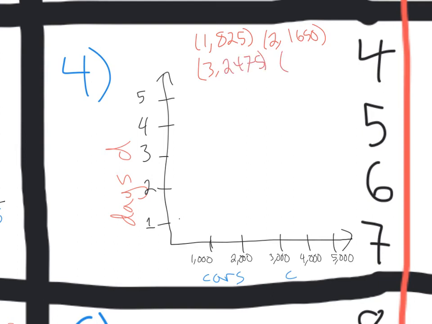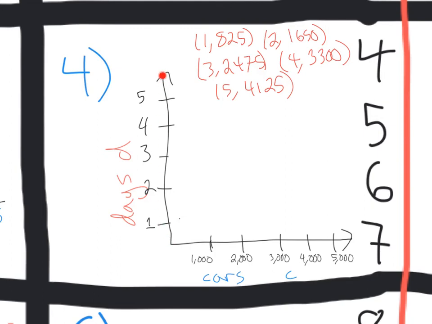Then I need to graph 4, 3300, and then 5, 4125. Those are all the points that I need to graph.